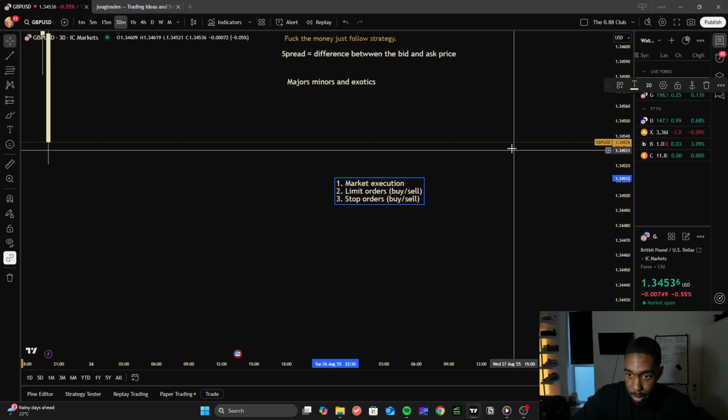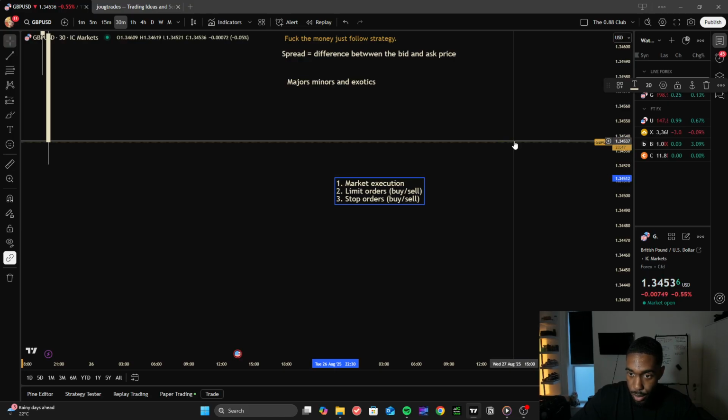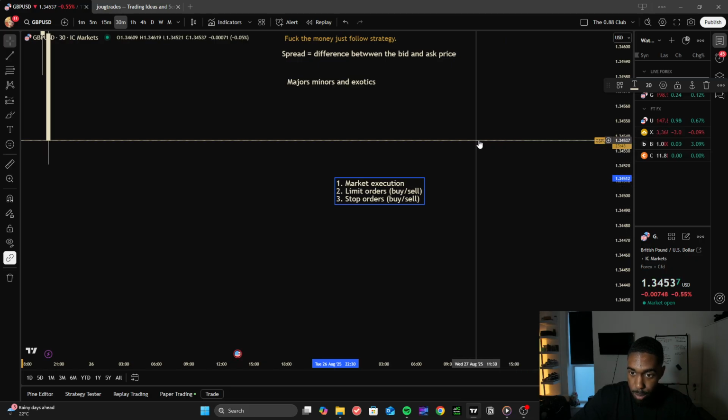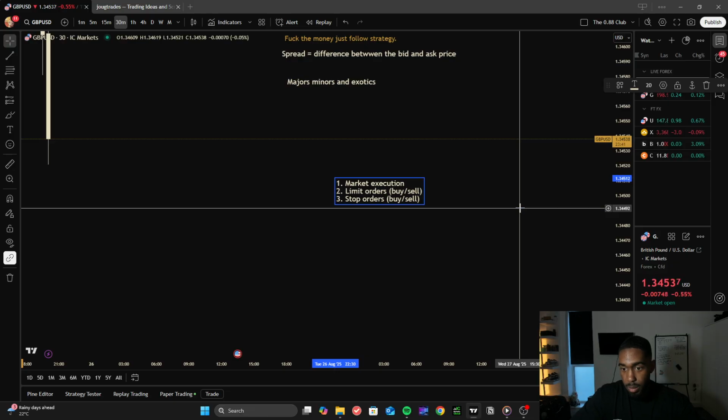So I can only place buy limits from here to below here, right? And then say I place a buy limit here, 1.34492. Once price, you see the gold line, reaches this level, I've then entered into a buy. So then I'm anticipating that price will then increase.